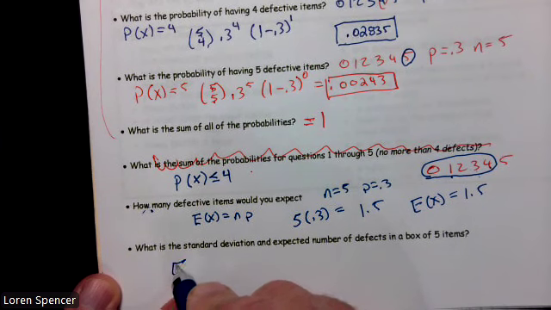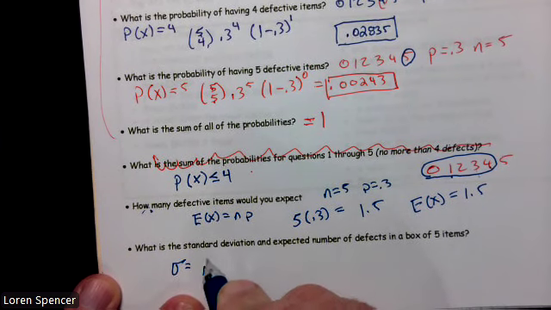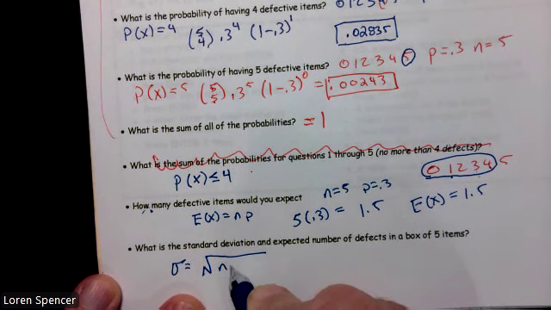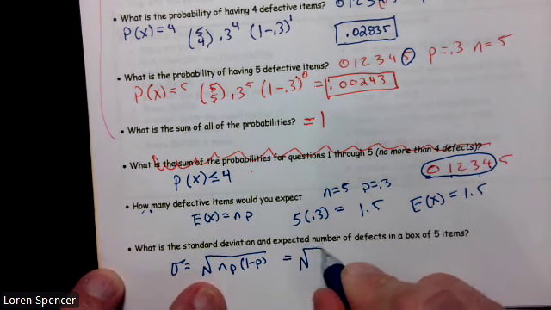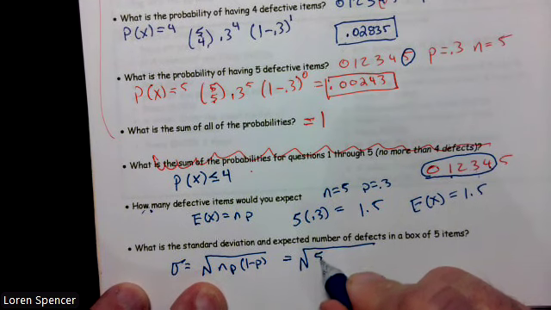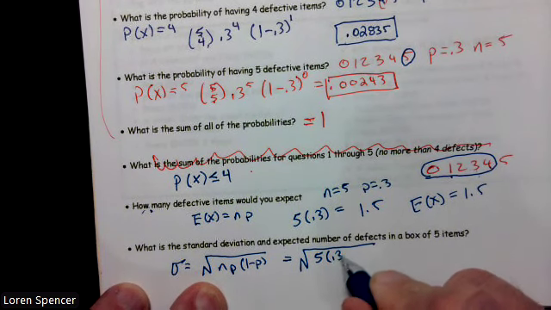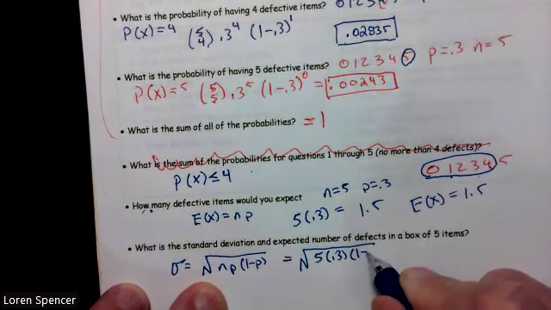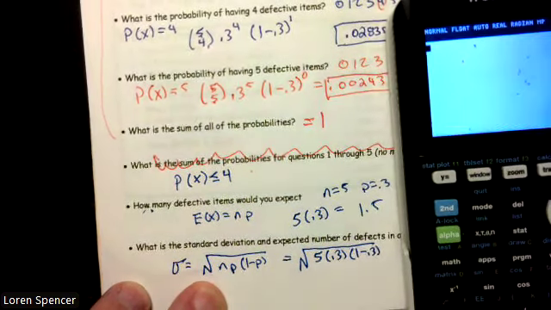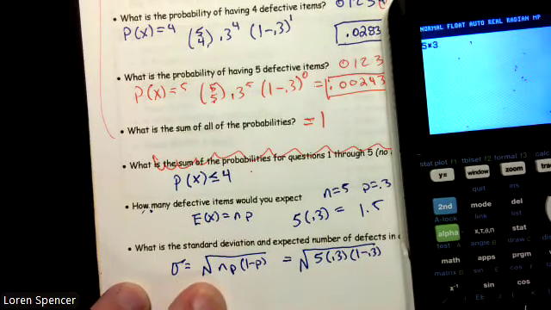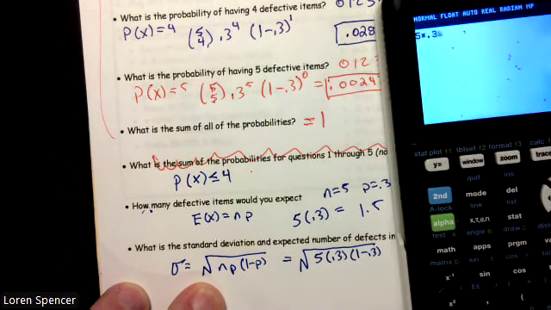The next thing it asks for is our standard deviation. Well, the standard deviation for this is the square root of n times p times 1 minus p. So in this case, that would equal the square root of 5, that's our sample size, times 0.3 times 1 minus 0.3. And when I go to the calculator, 5 times 0.3 times 0.7, that's 1 minus 0.3.